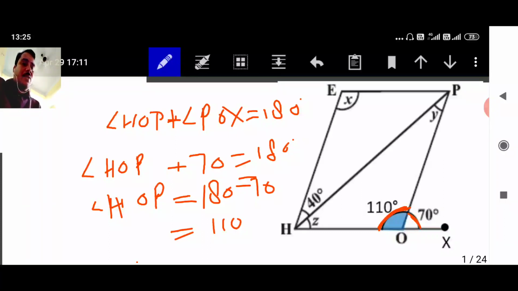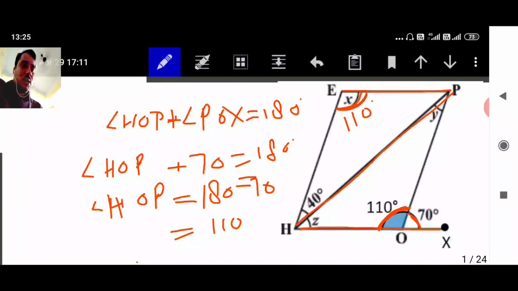Then HOPE is a parallelogram, so this opposite angle x, opposite to this 110, is also 110 degrees. Now observe that HE and OP are parallel lines and HP is a transversal.